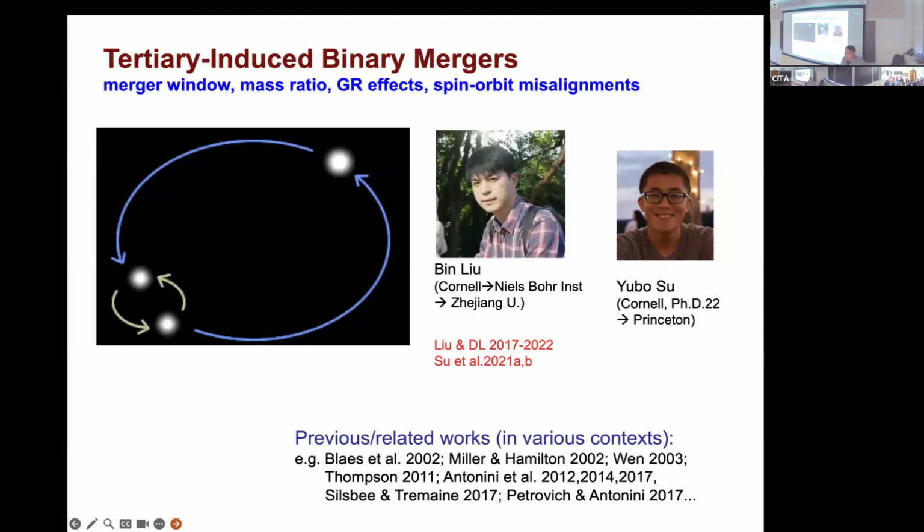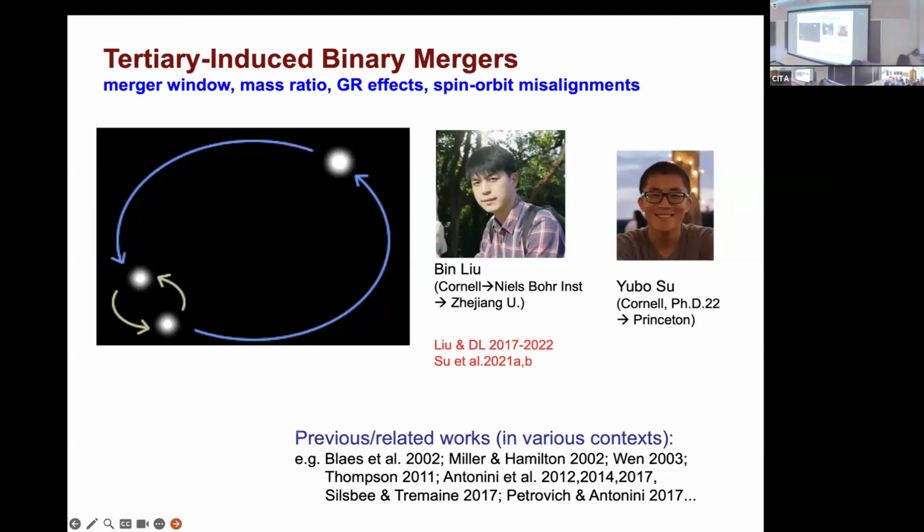Now, this is not a new idea, and in fact many people have studied this kind of effect in different contexts, including the merger of supermassive black holes, for example. So I want to summarize what we have found, some of the new things from the last few years, in the next 15 minutes. Okay.